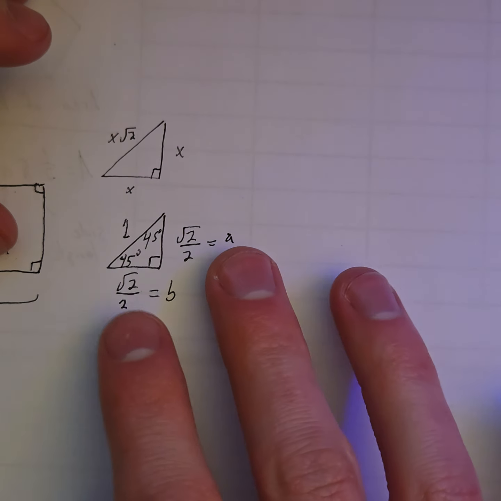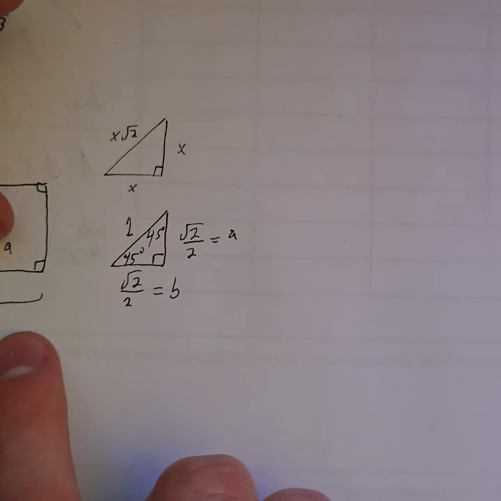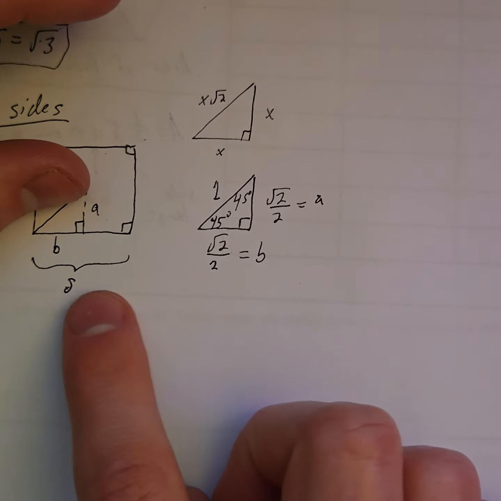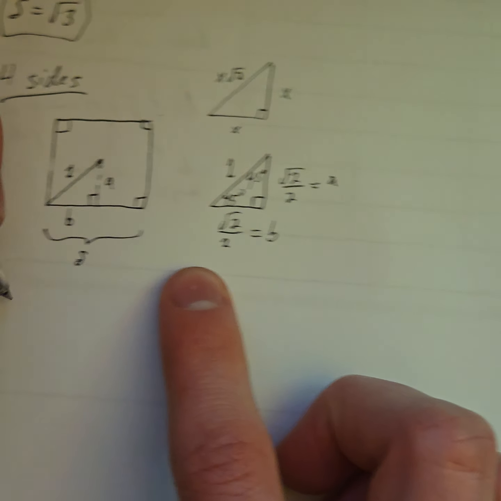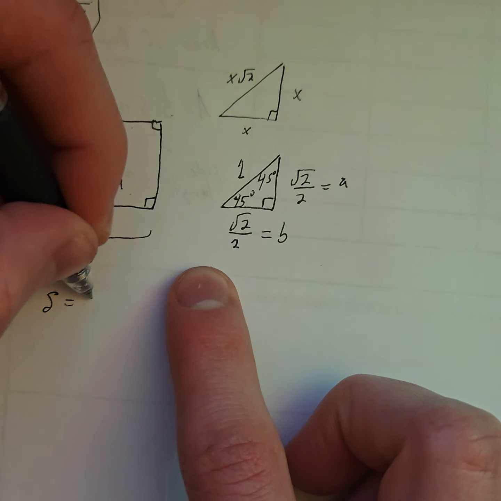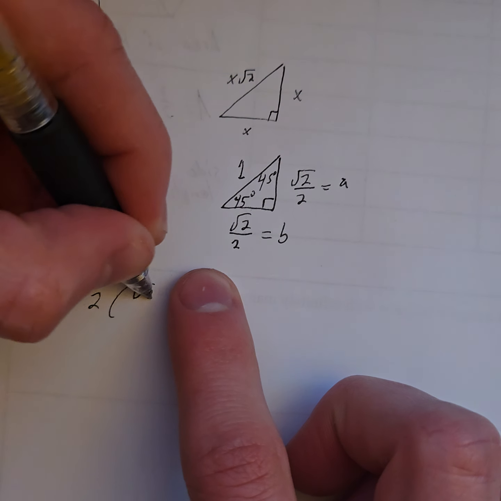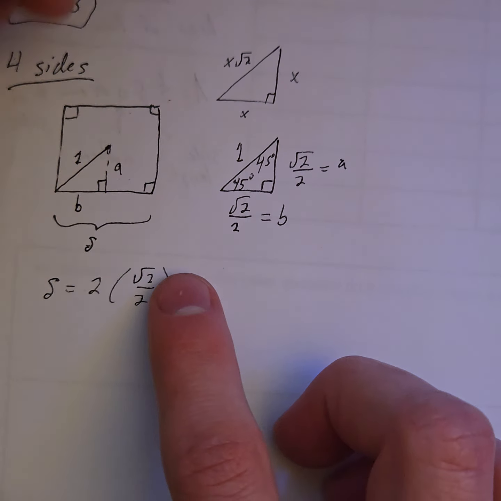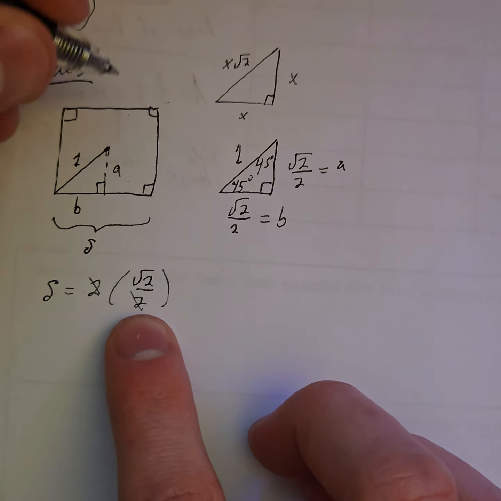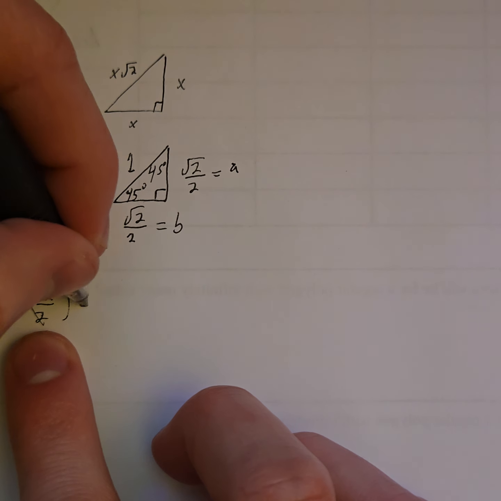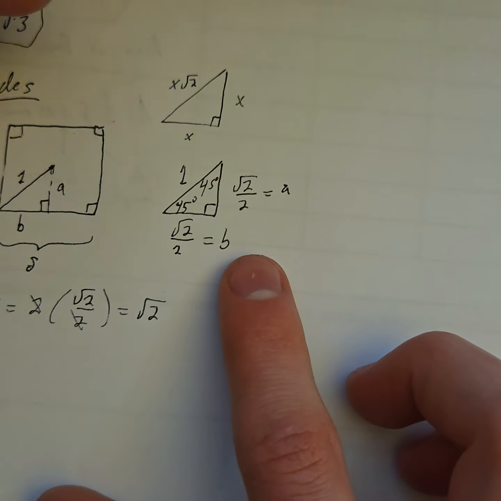Now that we have A and B, we can find our side length. Our side length is going to be 2 times this. So let's write that down. S is 2 times the square root of 2 over 2, and the 2 divided by 2 just cancels out, so we're just left with the square root of 2.